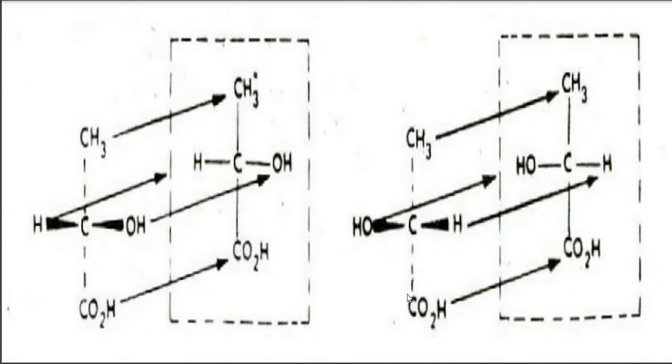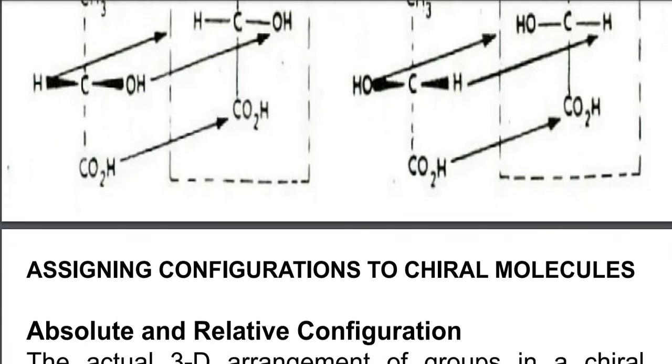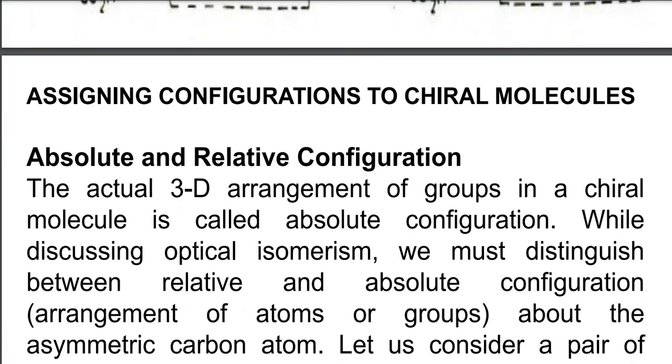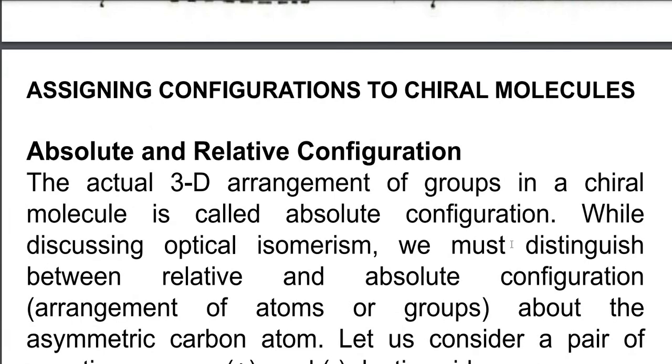So you can see how you will convert this form to this form. This is the OH and this is the H, and this CH3 and COOH. So these are the projections. Projection means if you have the molecule, then you can now assign configuration to a chiral molecule.